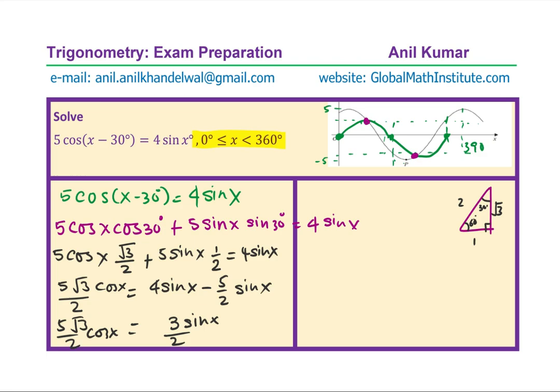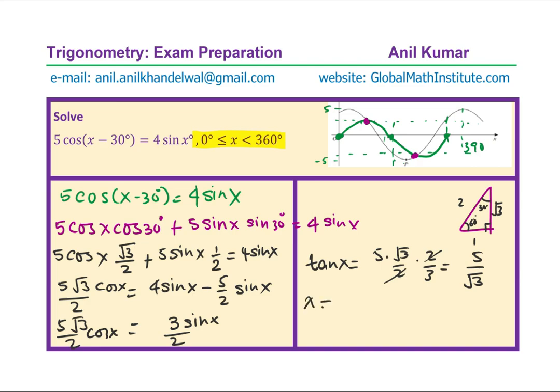So well, dividing by cos x, we can write this as tan x equals 5 square root 3 over 2 times 2 over 3, right? So that gives you 2 and 2 cancel. We get 5 over square root 3.